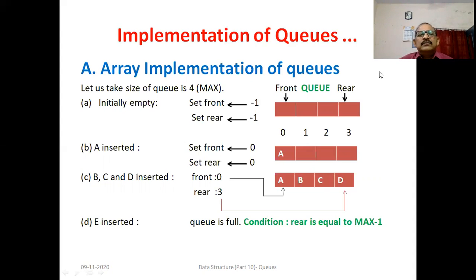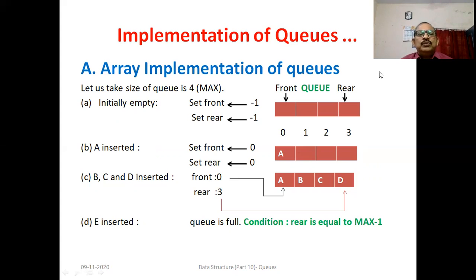Let us take the size of the queue as 4, meaning the capacity of the queue is 4. Initially, the queue is empty. In that case, we set the pointer front equal to -1 and pointer rear equal to -1.